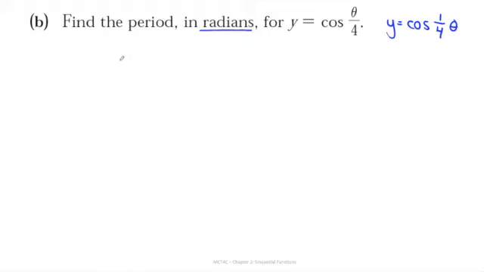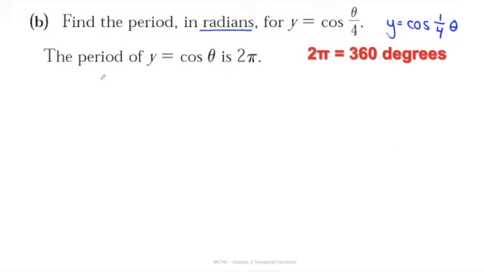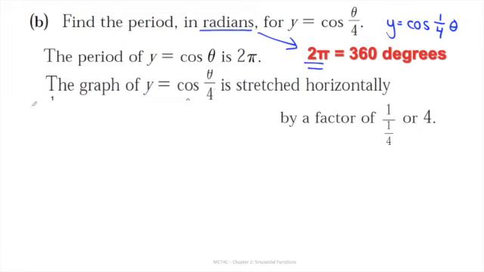Cos graph, if you remember from the first day when I showed it to you, it still has a period of 360 degrees. Or remember that 360 degrees is equal to 2 pi, which is the radians, okay? So we're going to just work with 2 pi right now rather than 360 degrees. Okay, so our regular cos graph is equal to 2 pi, or 360 degrees.